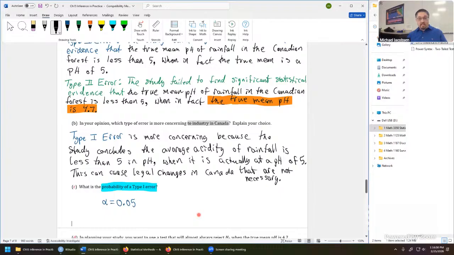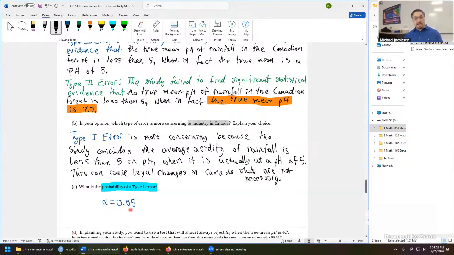There's a 1 in 20 chance that the study is wrong, that's a type 1 error, and you're harming an entire industry with a pretty high chance. Well, the government can commission more and more studies. You can combine p-values in a meta-analysis and get enormous evidence, even if all the alpha levels are at 0.05. But at one study, that's a pretty high chance for a type 1 error.